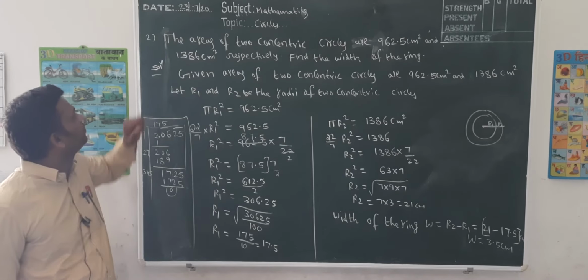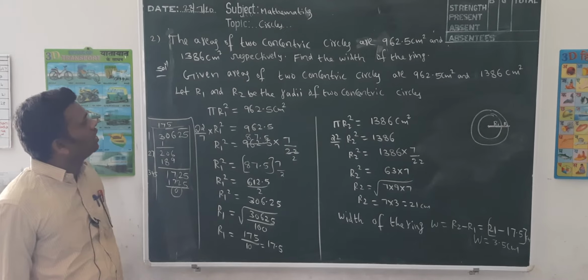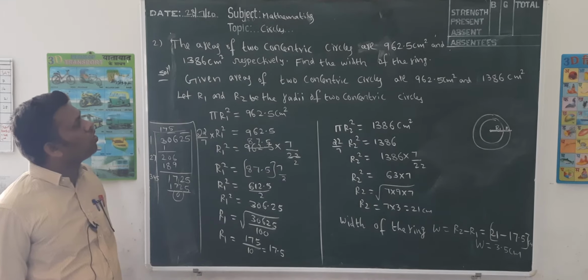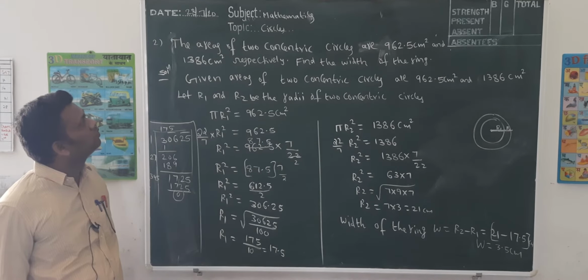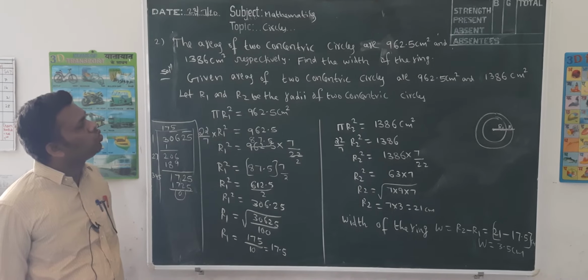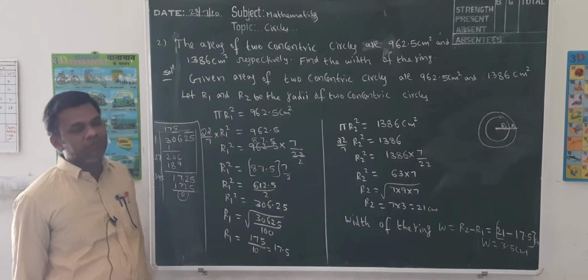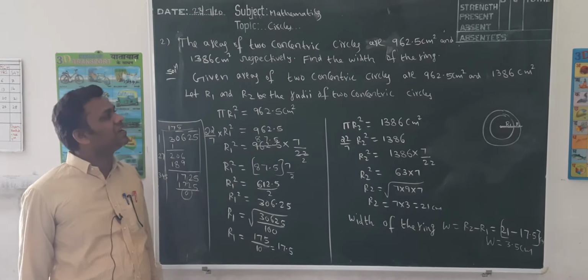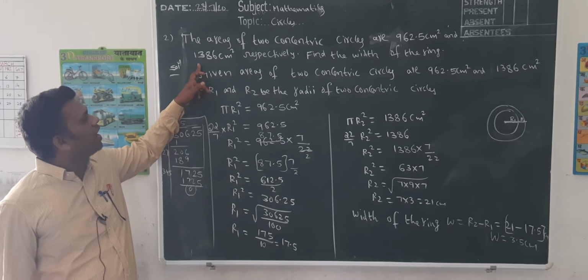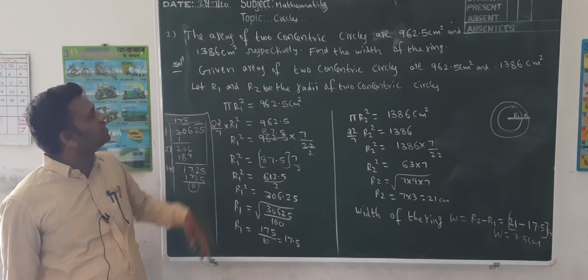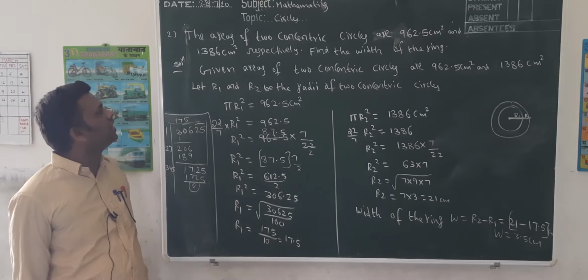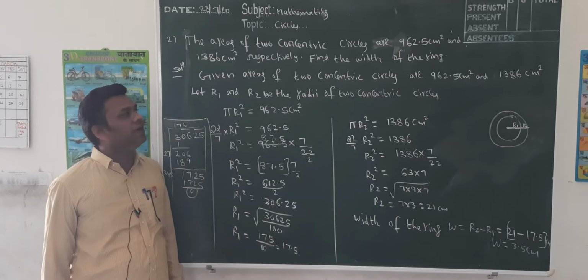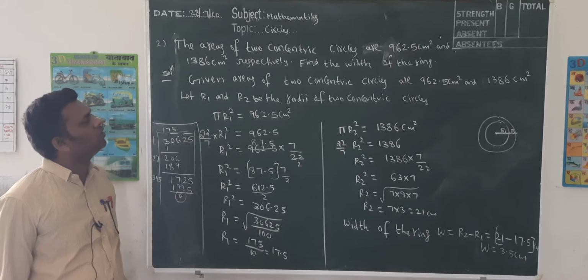Now the second problem. The areas of two concentric circles are 962.5 centimeter square and 1386 centimeter square respectively.